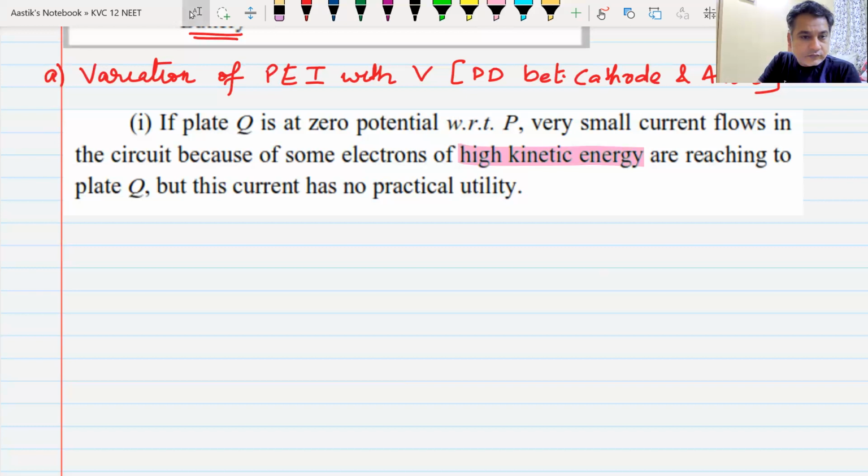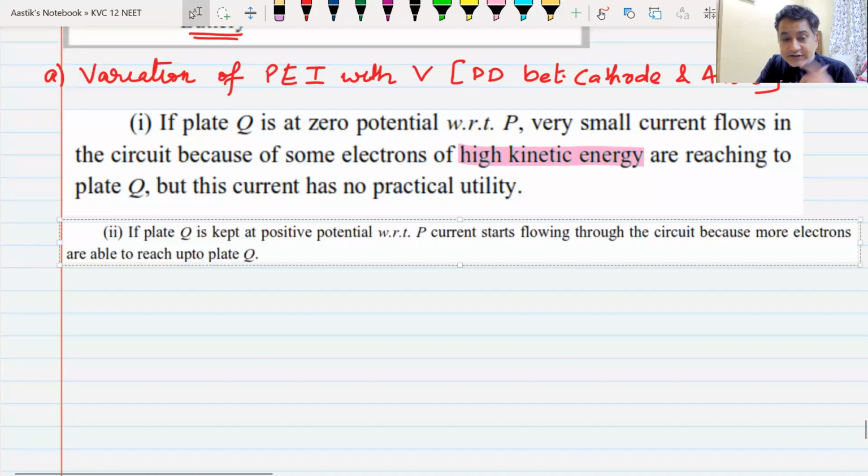Yes, sir. Now, what will happen if I increase the potential? If I increase the positive potential, we find that the current increases, as more and more electrons are now able to reach the other side.